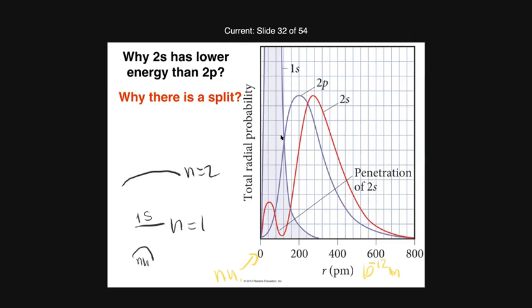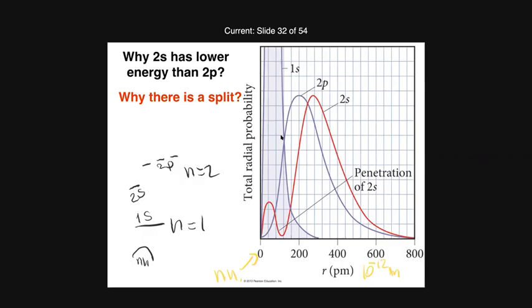But because we don't have only 1 electron anymore, and we have several electrons in atoms other than hydrogen, the 2s and 2p start to split. So your n equal to 2 will look like this: you're going to have 2s and 2p that are split.